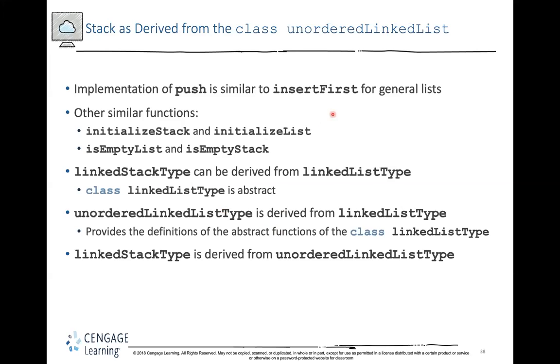We can also implement this linked list stack by deriving from unordered linked list. Now, remember unordered linked list, which we learned last week, supports an operation called insert first. Essentially, you always add a new element as the new head. And as we just learned, the head of the list is essentially the top of the stack. It's just turned 90 degrees. Many of the functions are similar to the list, so the implementation is trivial.